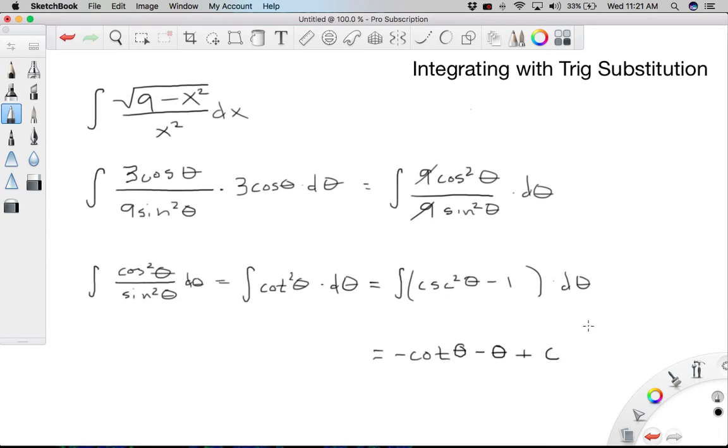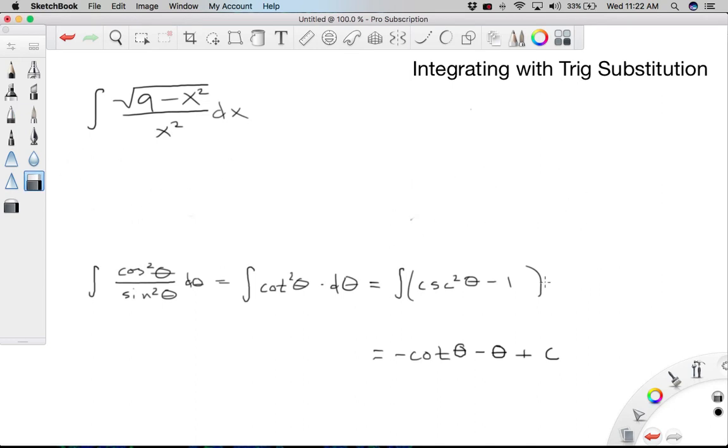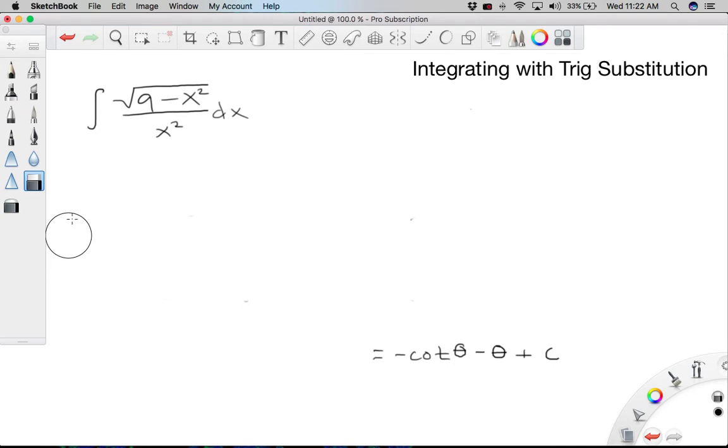Okay, so we've actually successfully solved the integral. Now the only problem is our original question had x's in it, and we don't have any x's. We're still working with theta. So what we're going to do is go back from thetas to x's.